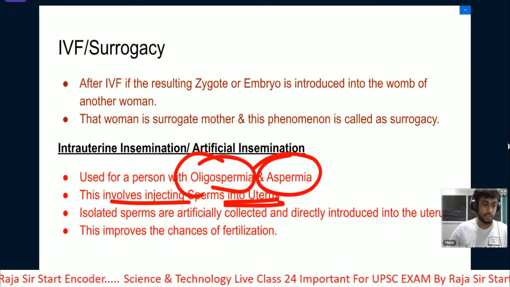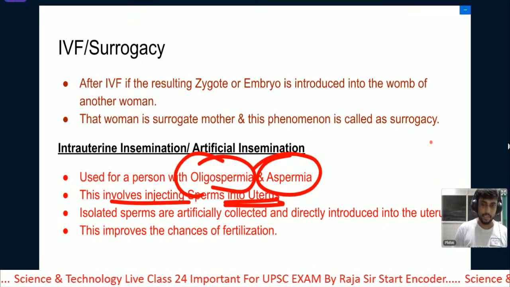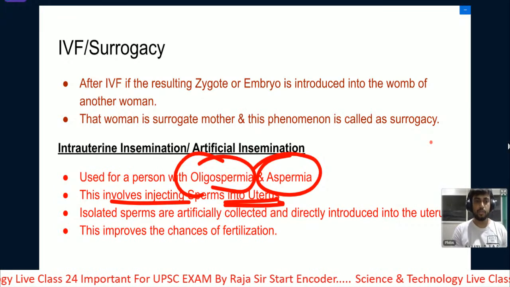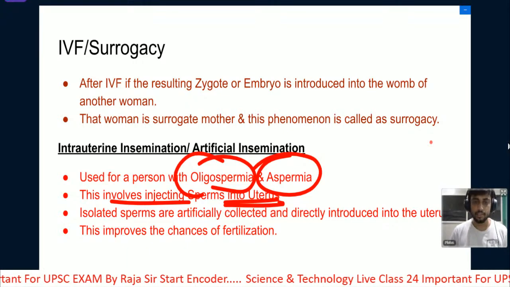In order to increase the probability of fertilization, we are injecting these sperms directly into the uterus. Okay, because that will increase the chances of fertilization.